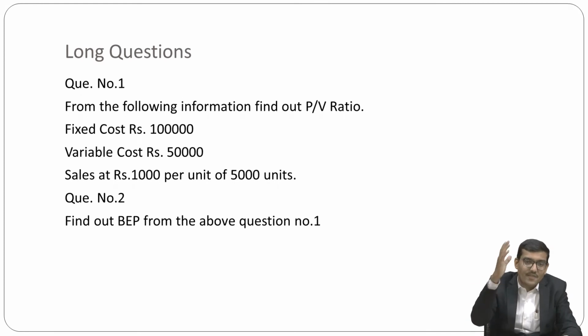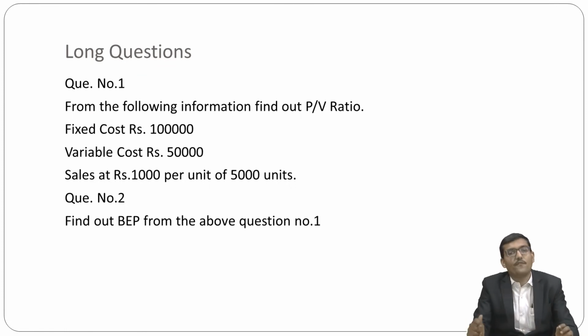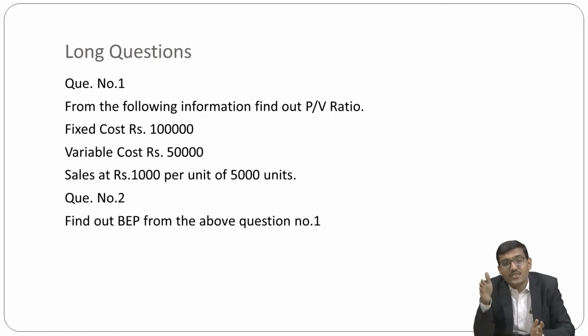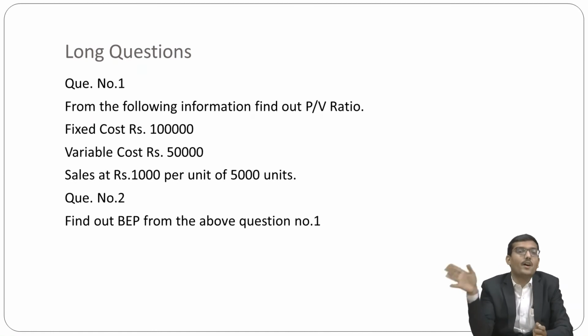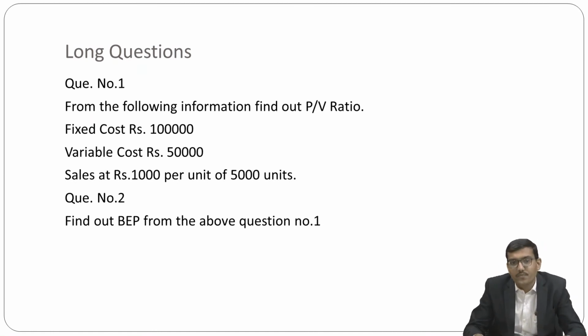So let us examine the first long question, or practical question, of this chapter, marginal costing. From the following information, find out the profit volume ratio, that is PV ratio. The fixed cost is rupees 1 lakh, the variable cost is 50,000, and the sales are at rupees 1000 per unit for 5000 units.